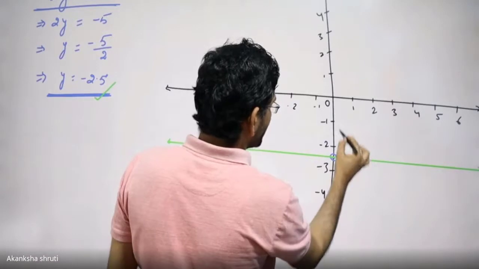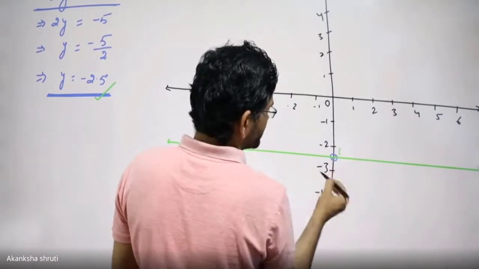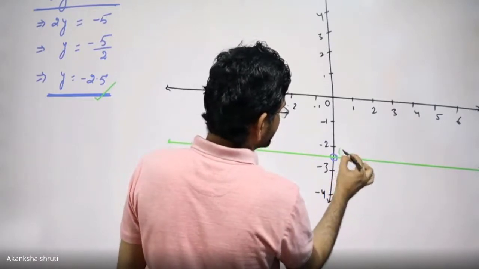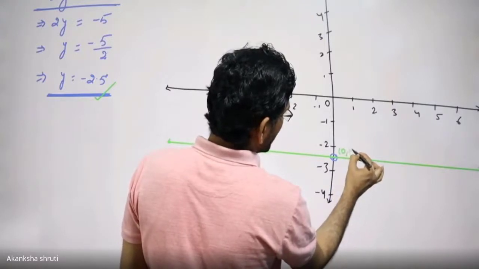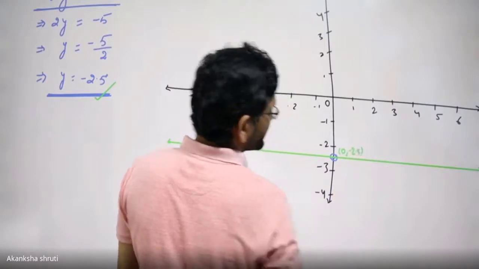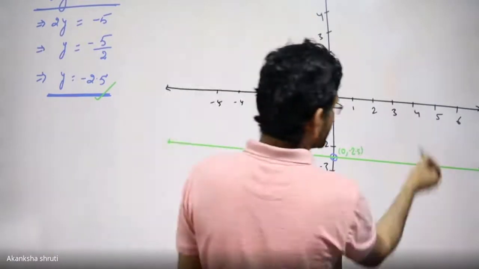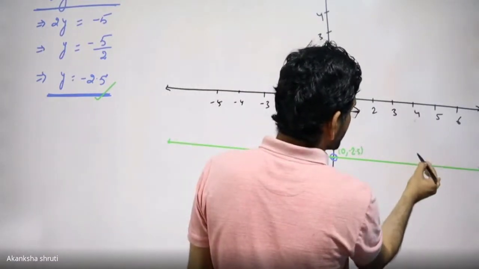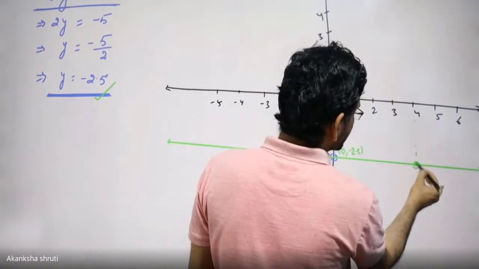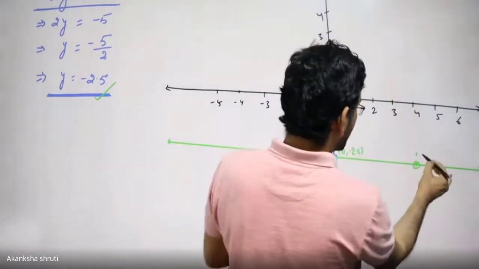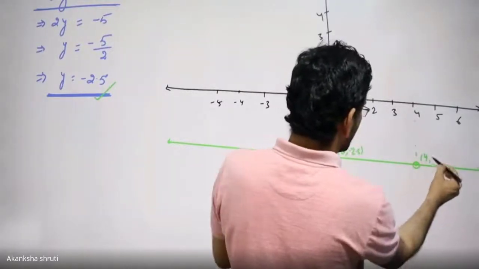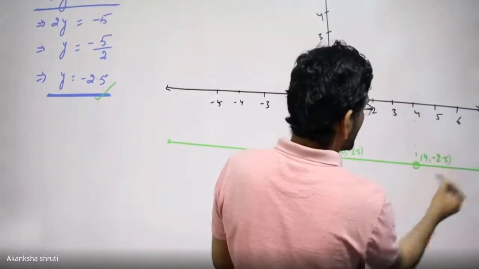This coordinate may be taken as this point only, as the x value is 0 on the y-axis and the y value is minus 2.5. Students, even if we take this point, this coordinate can be written very easily, because in this case x we have taken as 4, but y remains the same, minus 2.5 or minus 5/2.